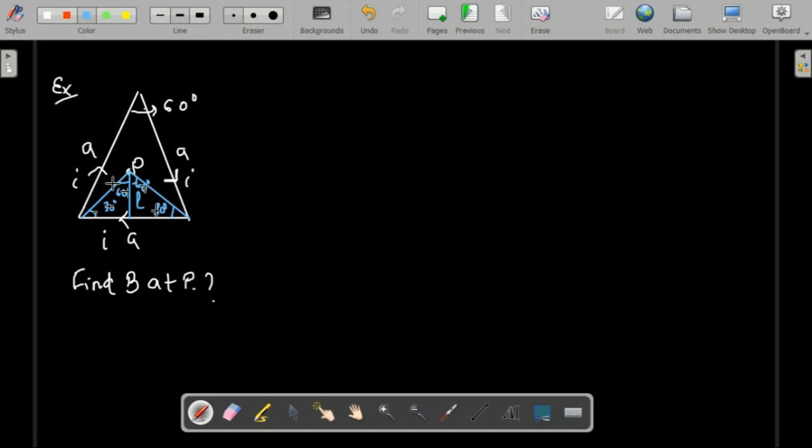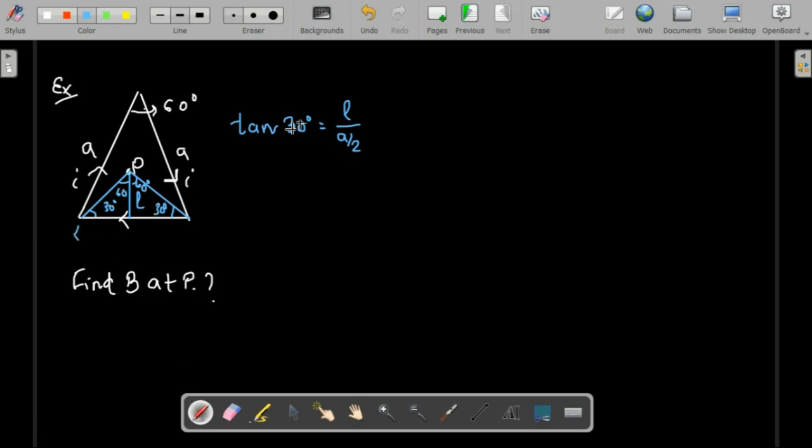Now the first thing is we have to know our perpendicular distance, right? So we can find out tan of the angle, maybe tan 30. Tan 30 would be nothing but perpendicular, which is L, divided by base. Base is A by 2, right? Let me make it a bit more clear.